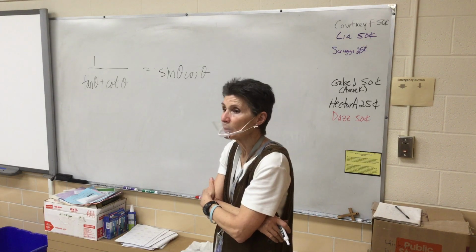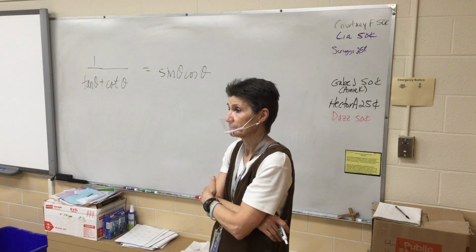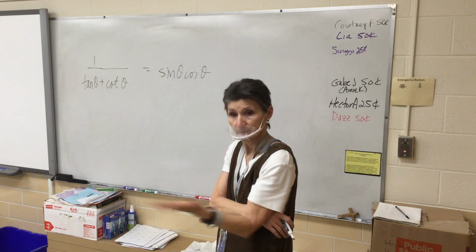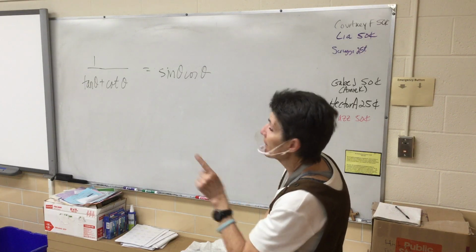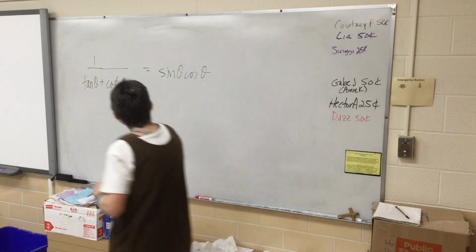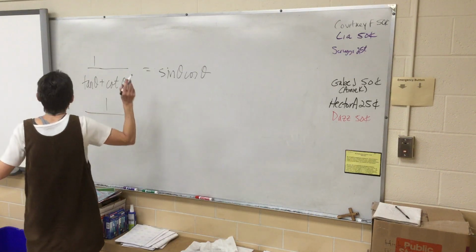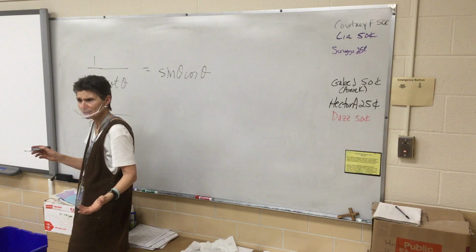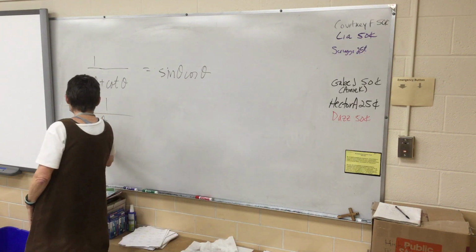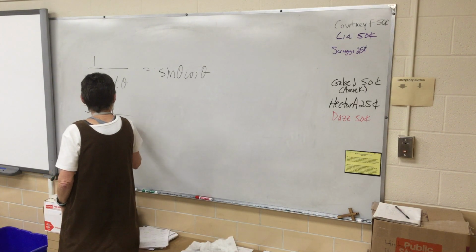What's something that's going to give you points? I would switch the tangent to sine over cosine and then cotangent to cosine over sine. I think that sounds absolutely magnificent. I'm sitting here thinking, what else can I do? I mean, that seems like a good way to start.